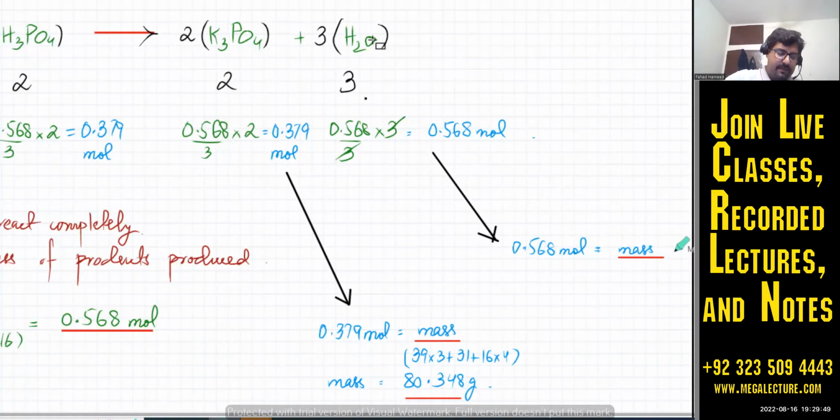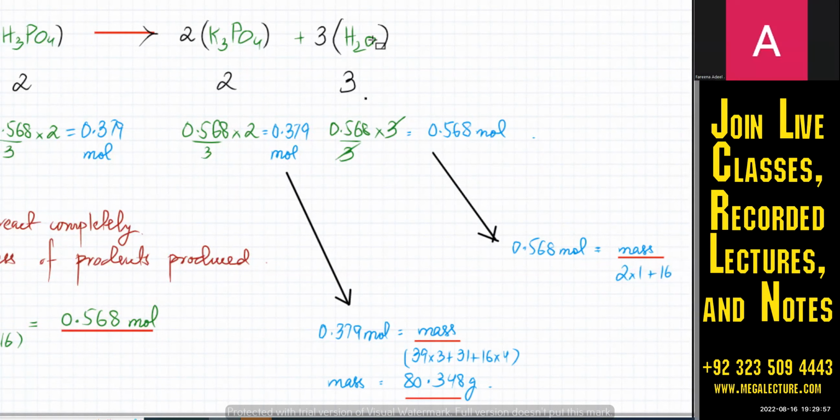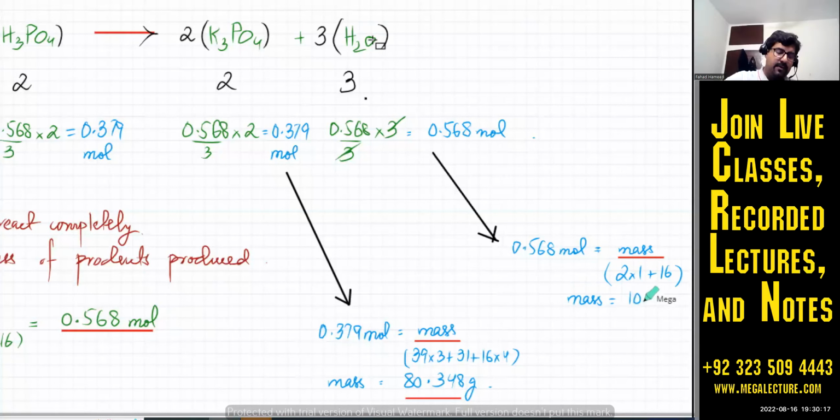So 2 hydrogens, that's 2 times 1, and 1 oxygen, that's 16. You're getting 10.224 grams.